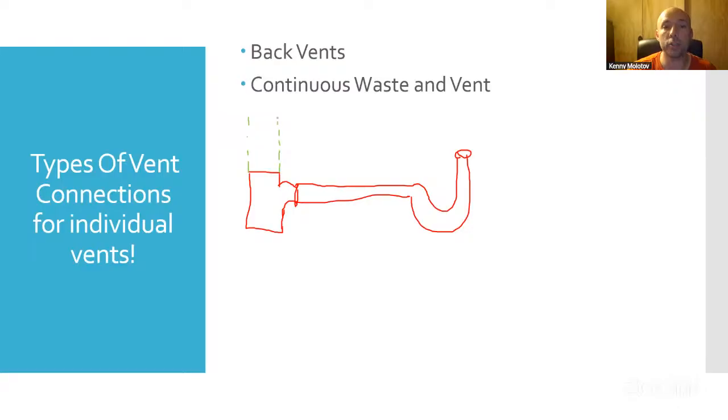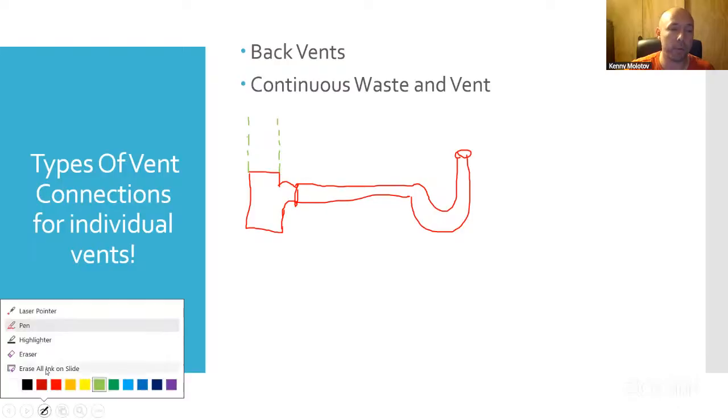And this is usually the type of venting that we are usually trying to aim for. Continuous waste vents are kind of like a better design rather than a back vent. Not to say that we shouldn't do back vents, but to say that we are always attempting to make it a continuous waste vent just because it cleans up much nicer and there aren't some complications that can come up from backups taking place.